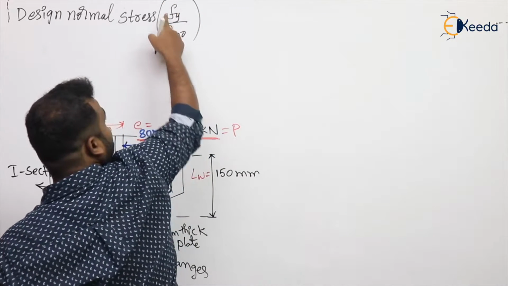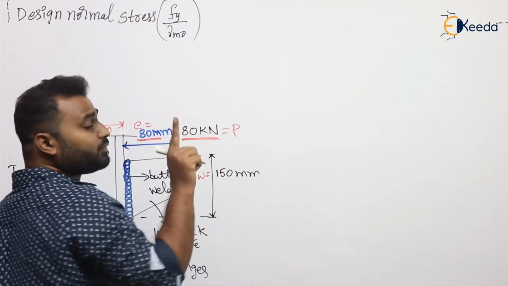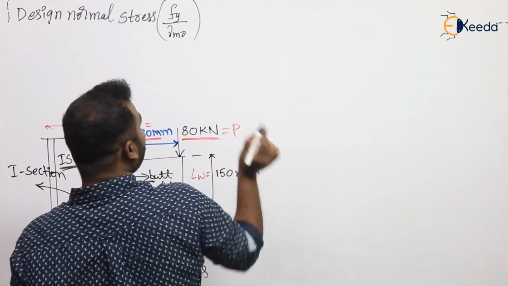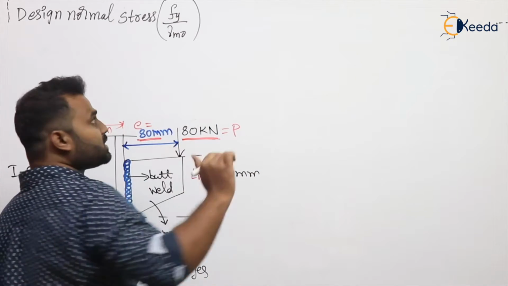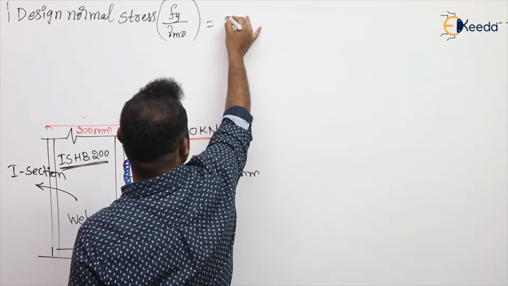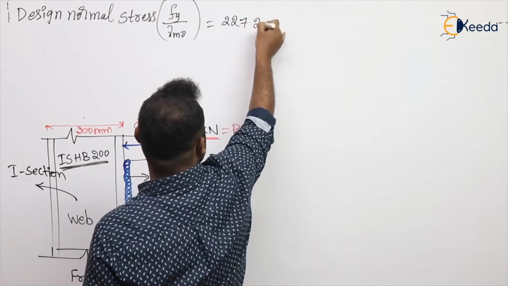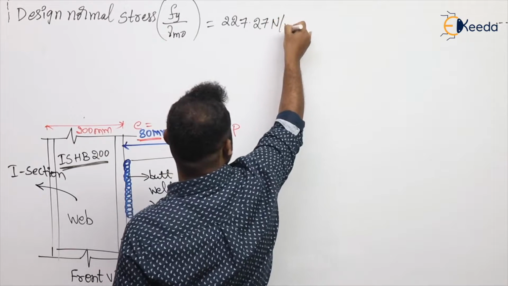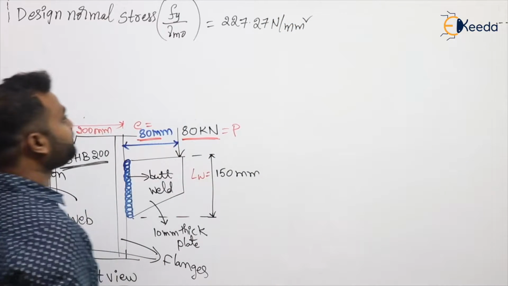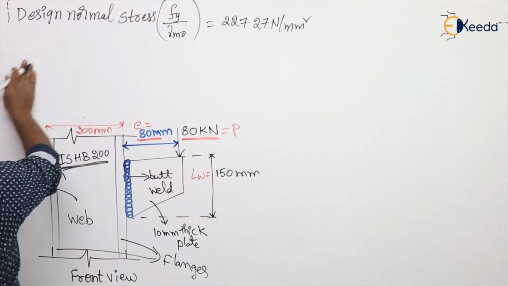Fy is the yield stress and gamma m naught is the partial factor of safety for the structural steel. Finally, I write this value here, 227.27 Newton per mm square. Is that clear?